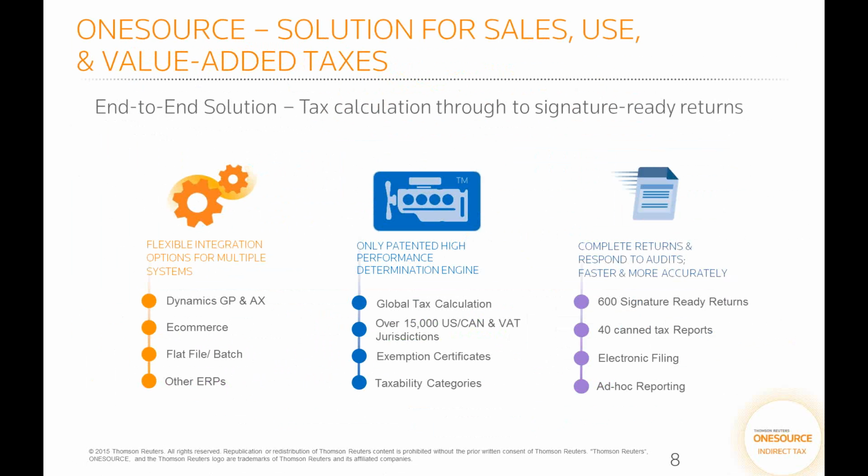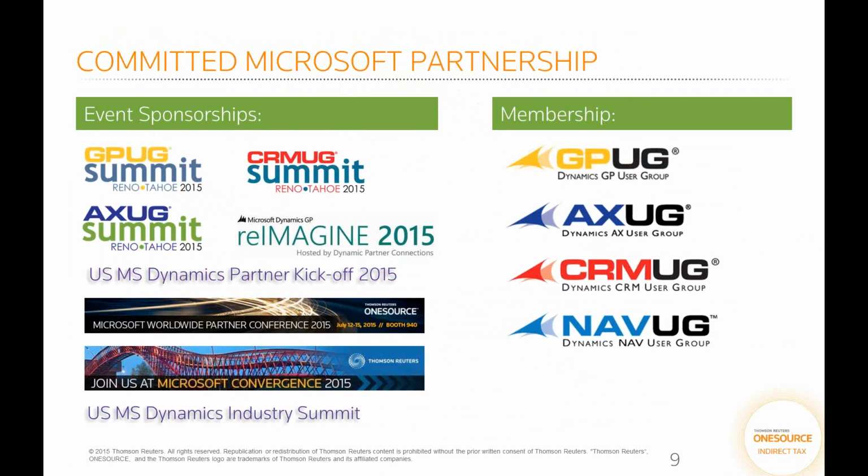We are the only patented high-performance determination engine specializing in global taxation, as mentioned earlier, over 15,000 U.S. and Canadian and VAT jurisdictions, exemption certificates, taxability categories, all the way through signature-ready returns.